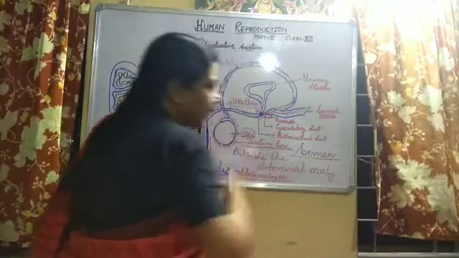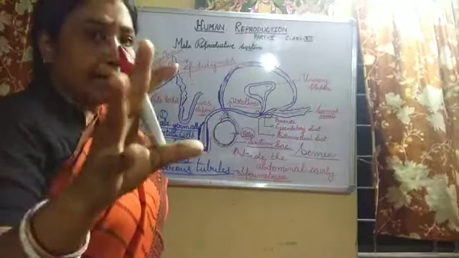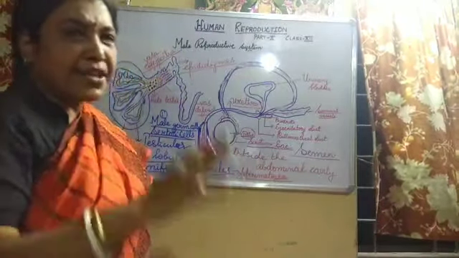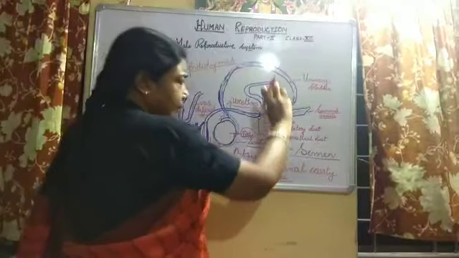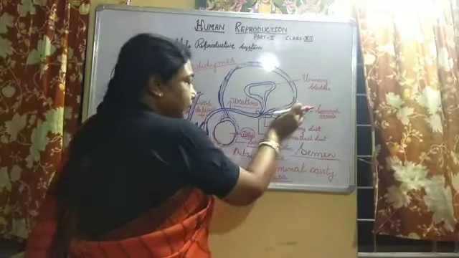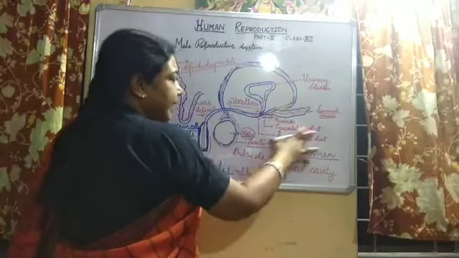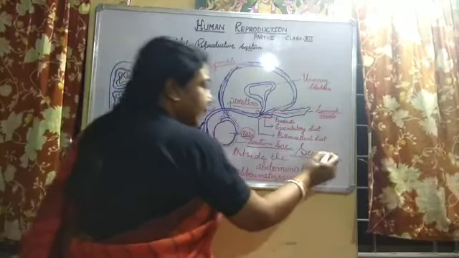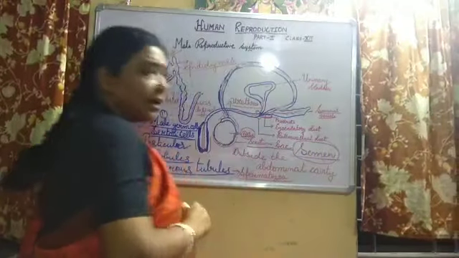What it is known as? Semen, with all the components, that is fructose, calcium ions, enzymes, other components, along with the sperm. When it meets the seminal vesicle, prostate gland and bulbourethral gland, that entire component is no longer known as sperm, it is the semen.